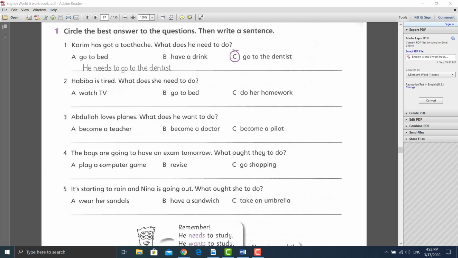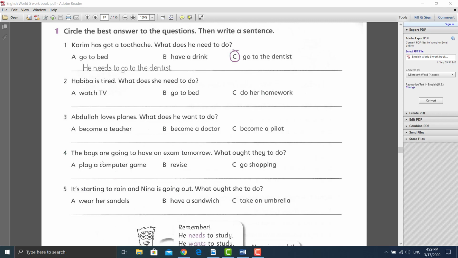Okay. Number 4. The boys are going to have an exam tomorrow. What ought they to do? Play a computer game? You agree?